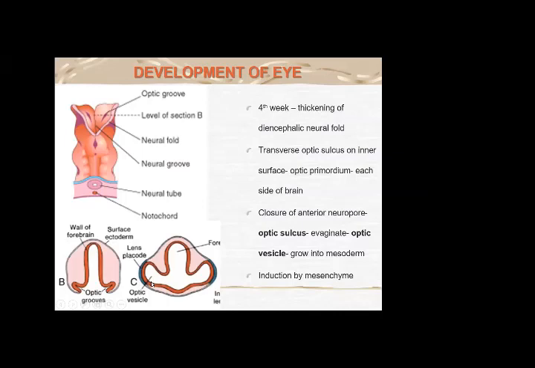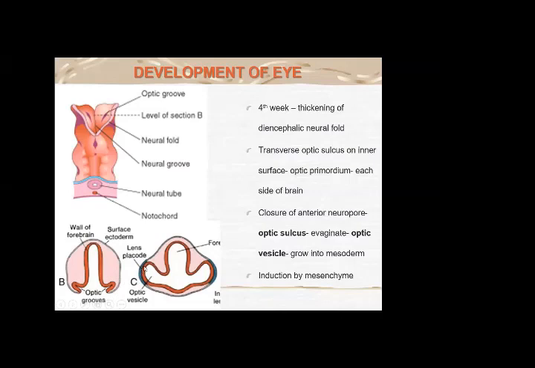This optic vesicle grows into the surrounding mesenchyme. I told you the other day, this is the epithelium of the developing forebrain in this case. This is the surrounding mesenchyme, and on the outside is ectoderm. So this is the developing optic vesicle. This grows into the surrounding mesenchyme.